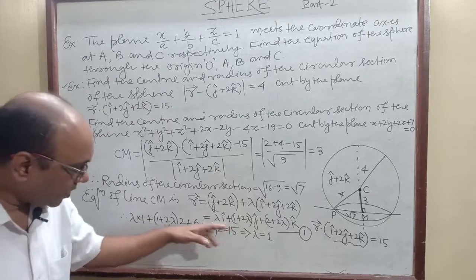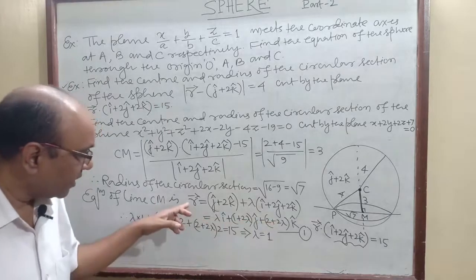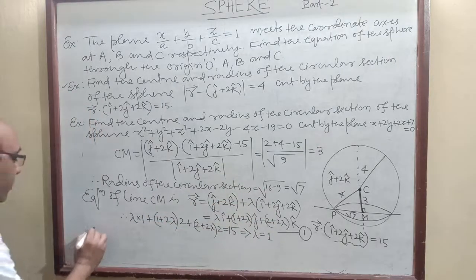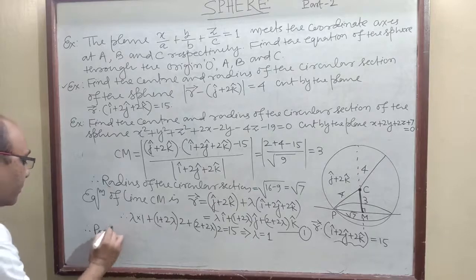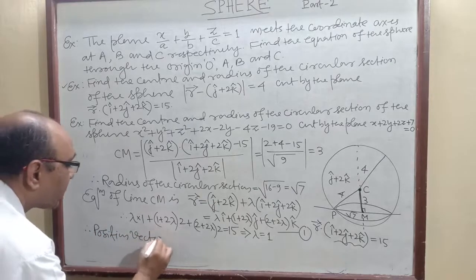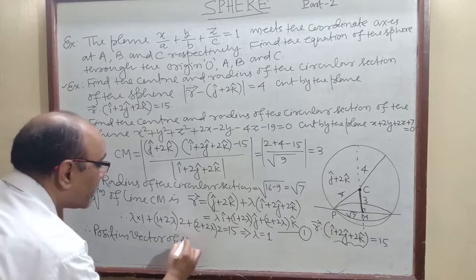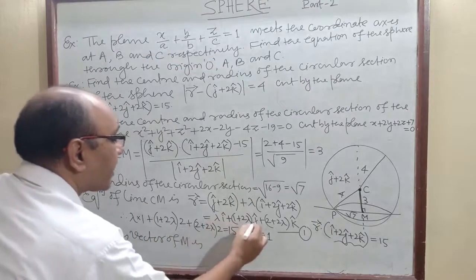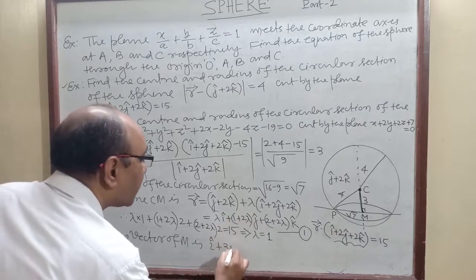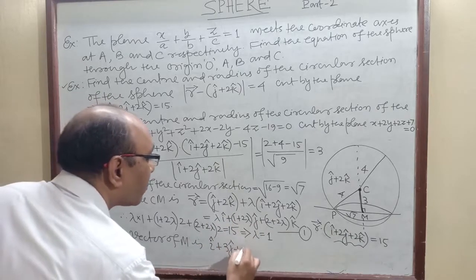Now if you substitute lambda equal to 1 here, this becomes the position vector of M. Therefore, the position vector of M is, writing lambda equal to 1, i plus 3j plus 4k.